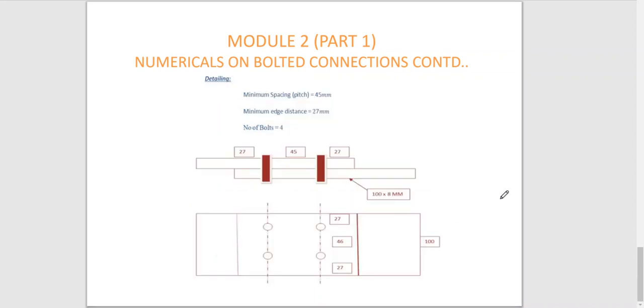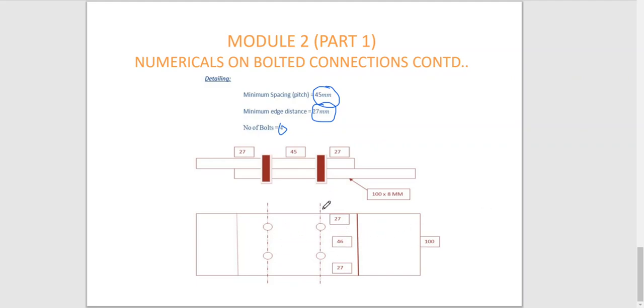Next is detailing. You can see the detailing here. Minimum spacing from the calculation we got as 45 mm. Minimum edge distance is 27 mm, and the number of bolts is 4. If you see the cross section, it is like this, and the plan is like this.